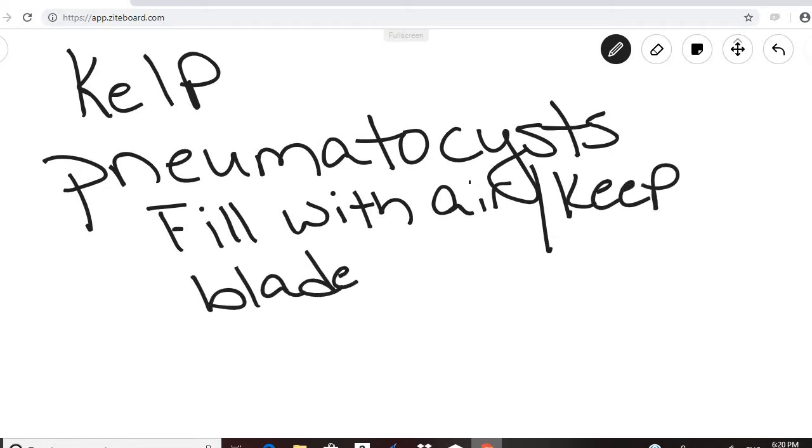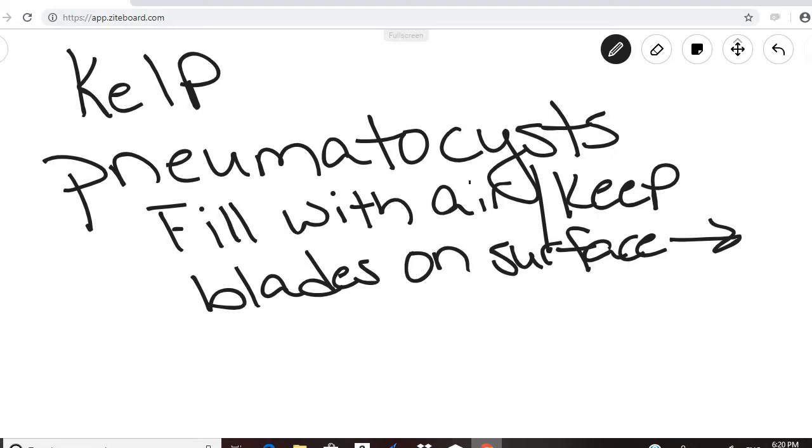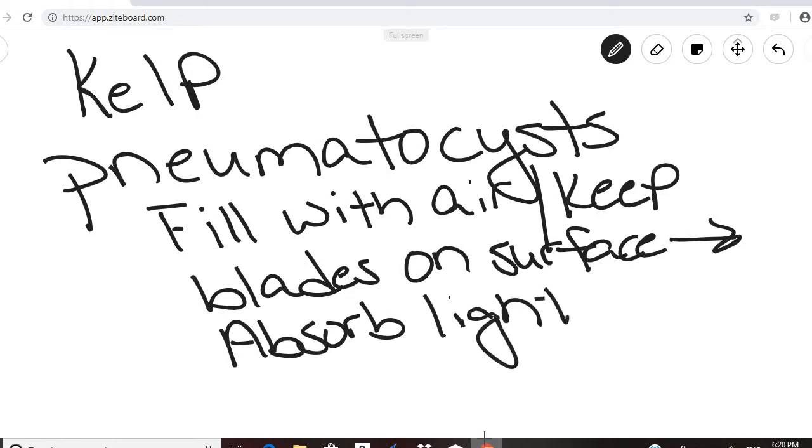We said that was important for them to be able to absorb light so that they can do photosynthesis. So nematocysts, we learned about those previously, but since they have application here, we'll talk about them again.